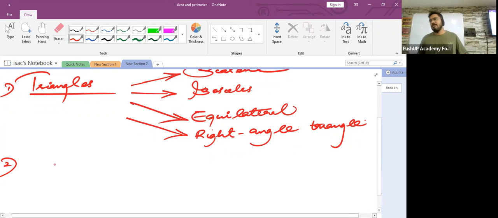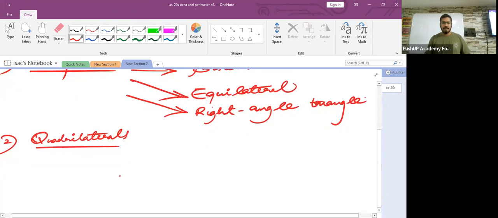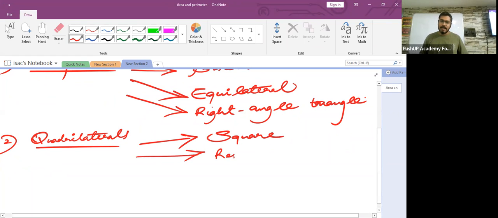Then, the next category which you're going to deal with in this chapter is quadrilaterals. In quadrilaterals, which are the subtopics that you're going to learn? The first one is going to be a square. The second one is going to be a rectangle.